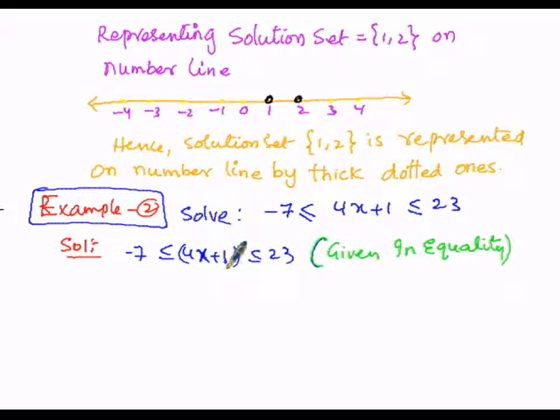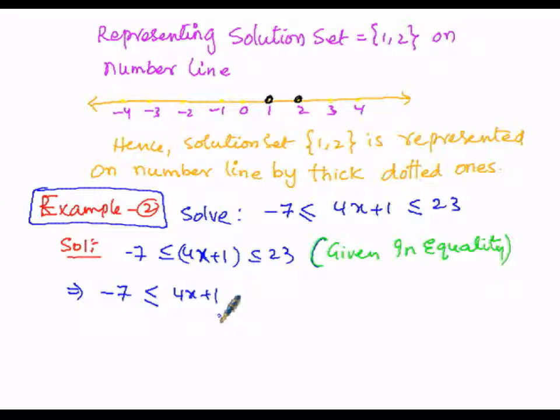In order to eliminate or cancel this 1, we have to subtract 1. Already it is plus 1, so when we subtract 1, plus 1 minus 1 gets cancelled. So that implies -7 less than or equal to, within the bracket, 4x plus 1 is the middle one.